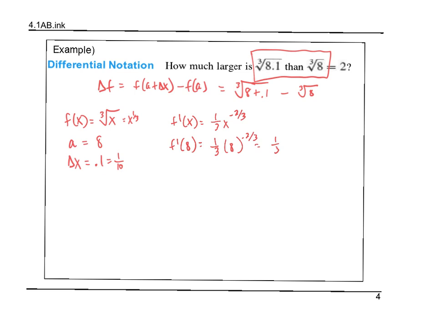And when I'm doing 8 to the negative 2/3, the cubed root of 8 is 2. 2 to the negative second is 1 over 2 squared, or 1/4. So I get 1/12 there. So therefore my change in f is approximately equal to 1/12 times 1/10, or 1 over 120.